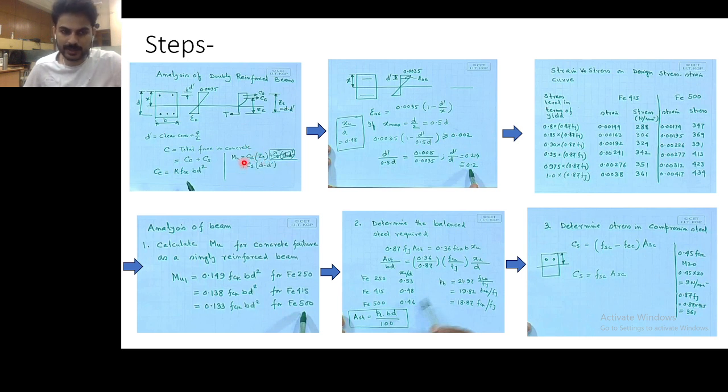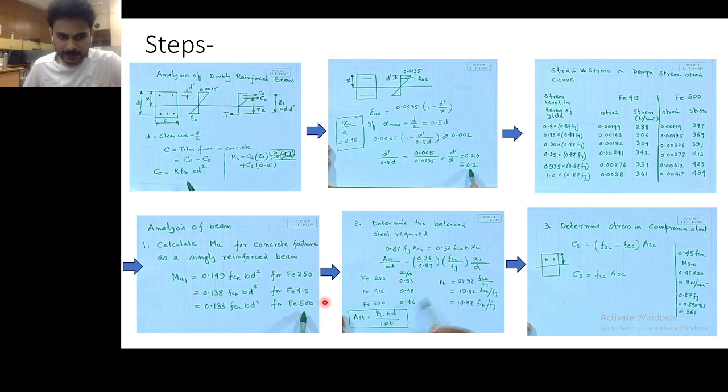Otherwise, in the normal section, only the first term will be there. So here also you can see that the k values you can directly put for different grades of steel, and we can directly calculate.